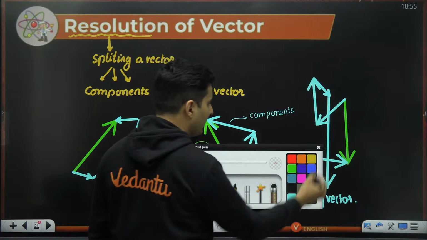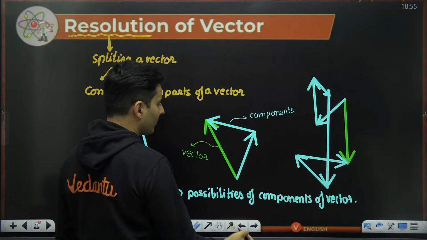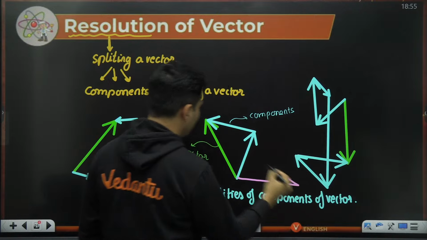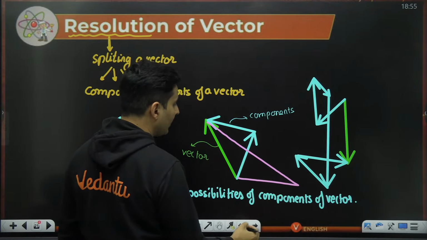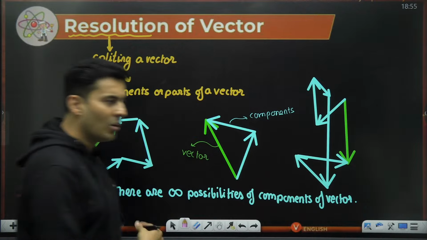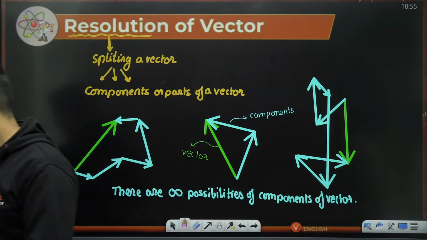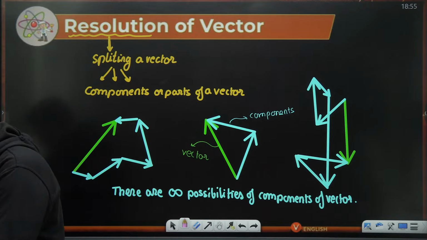But let's say somebody else makes the components like this and then this angle is not 90 degrees. Or somebody makes it like this and this is not 90. But in a very special case, when it is perpendicular, then only it is called orthogonal or rectangular components. Is that clear now? Perfect.